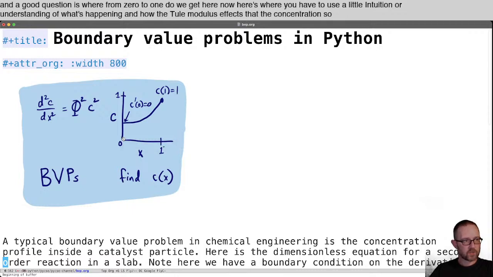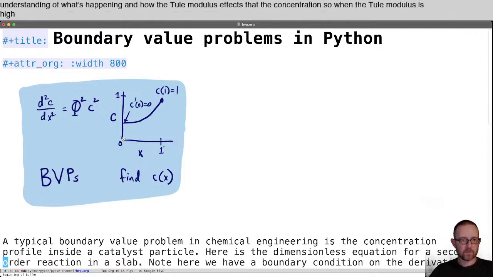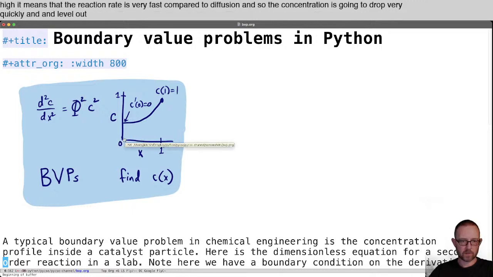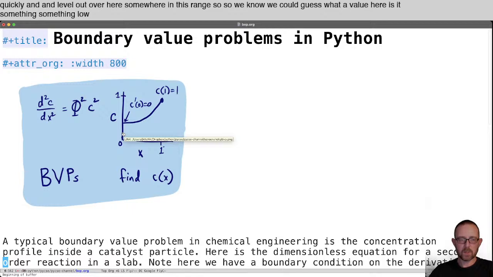So when the Thiele modulus is high, it means that the reaction rate is very fast compared to diffusion, and so the concentration is going to drop very quickly and level out over here, somewhere in this range. So we could guess what a value here is. It's something low, non-zero, and it has to go up to this value there.